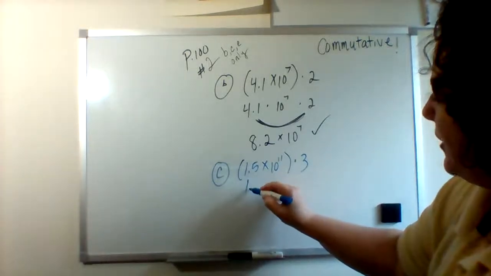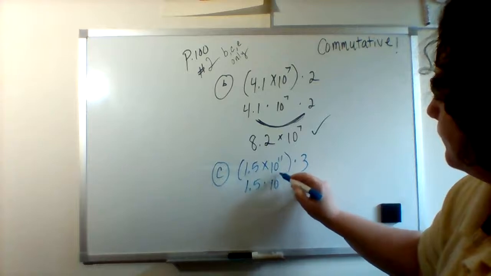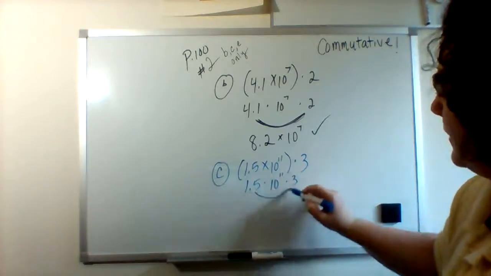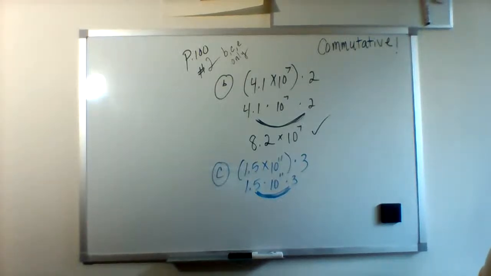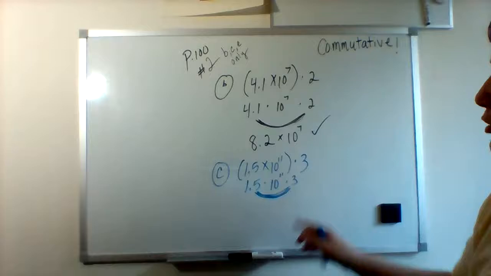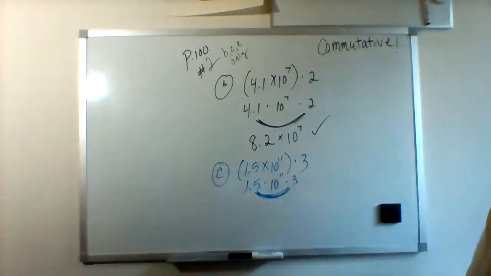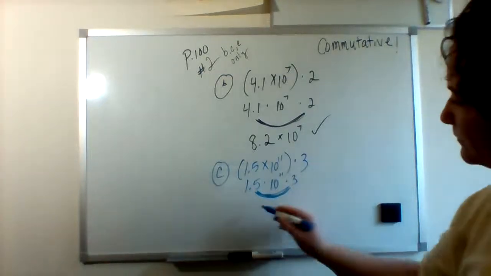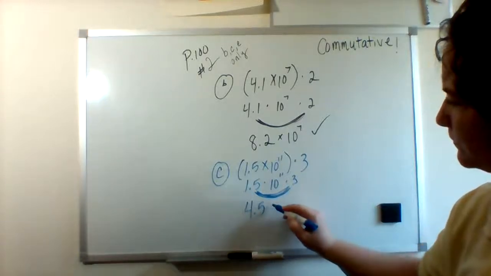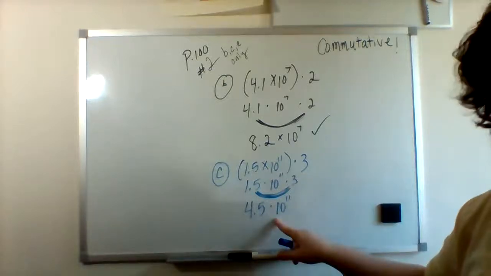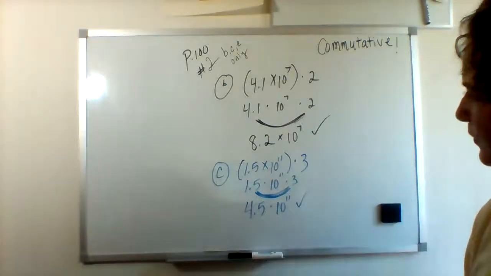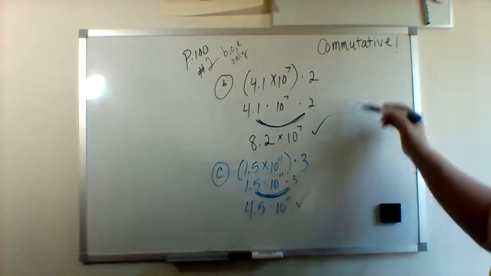So if I do the same thing, multiply these two together, 1.5 times 3, that's like saying that you have 3 sets of $1.50. What is that? Is that in scientific notation? Most definitely, right? Easy.